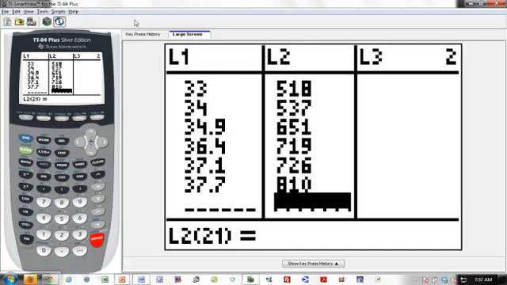L1 represents the length of fish. They're having a fishing contest. And in this fishing contest, you catch a fish, you measure it. But they don't want to do the contest by length. They want to actually do it by weight. But it's really hard to measure the weight of a fish accurately while on the boat.